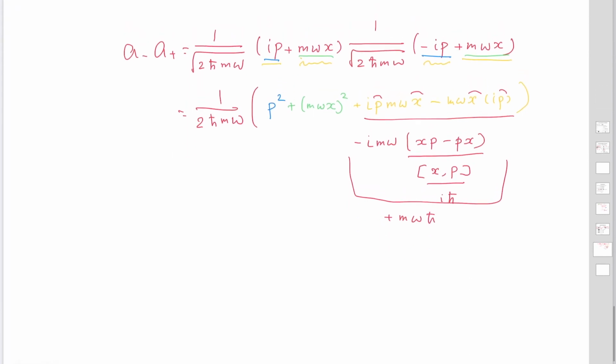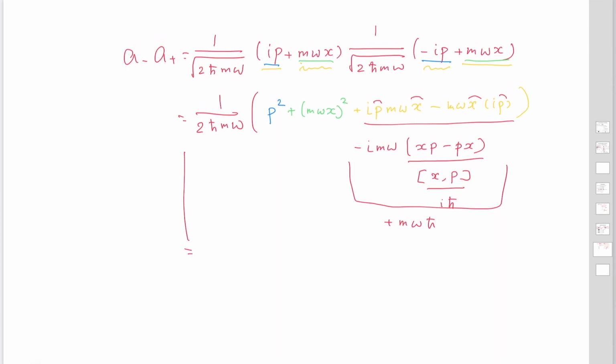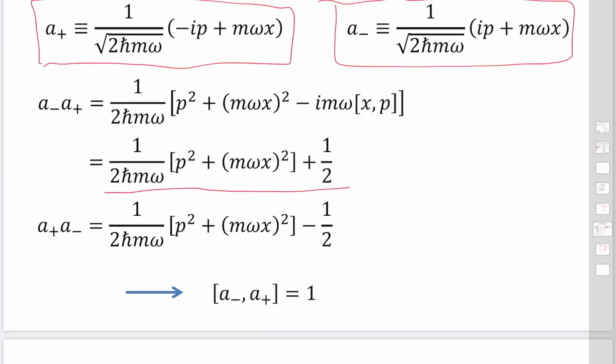So finally, this is 1 over 2 h bar m omega times (p squared plus m omega squared x squared), plus 1 over 2, because of the m omega h bar times this one, which becomes 1 over 2. I have explained this one.